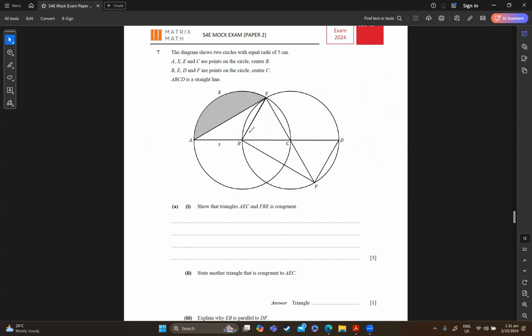So for part 2, this whole segment here is 1/3 of a circle because 120 over 360 degrees, right? So find the area of the sector, then minus the area of the triangle.